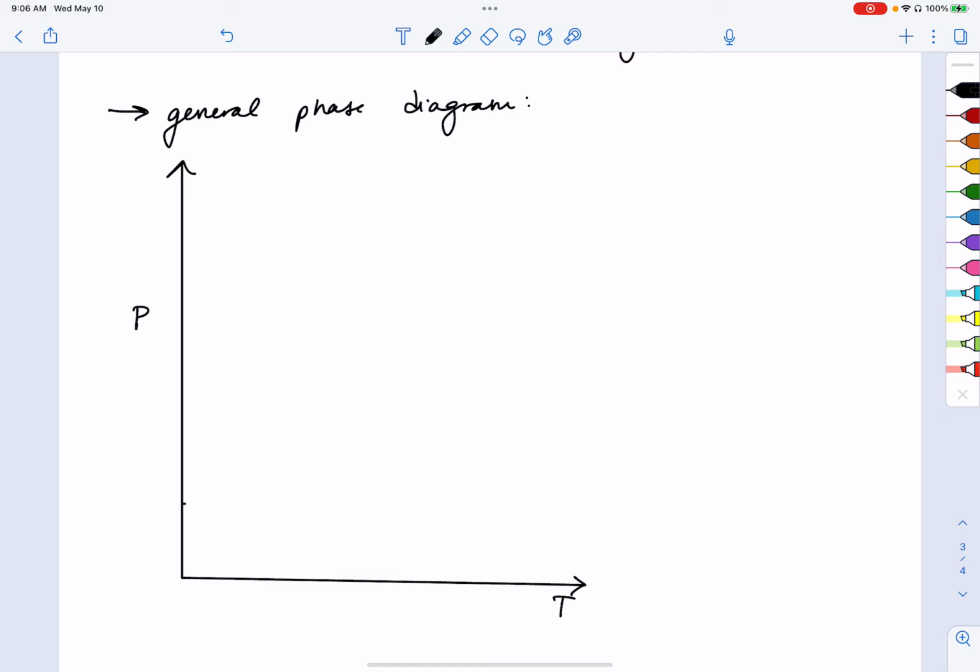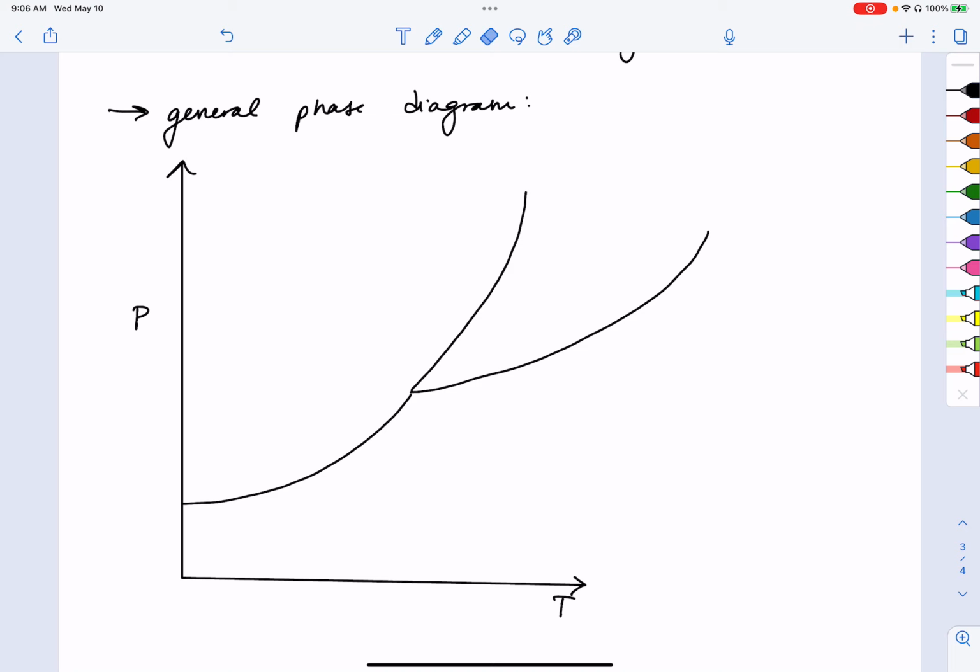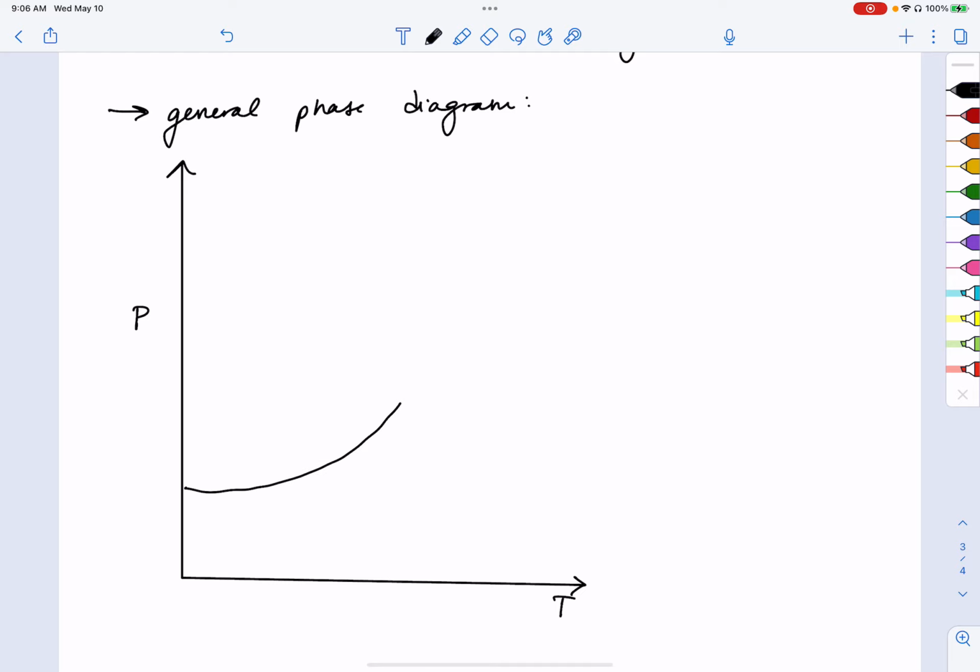We tend to see something like this, followed by this, followed by this. I should probably extend my axis or make this a little bit smaller. All right, so not perfect. This is a general sketch.